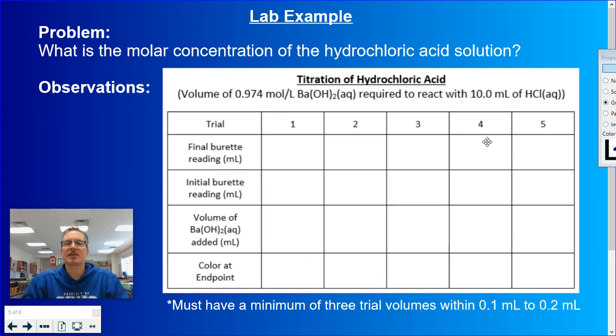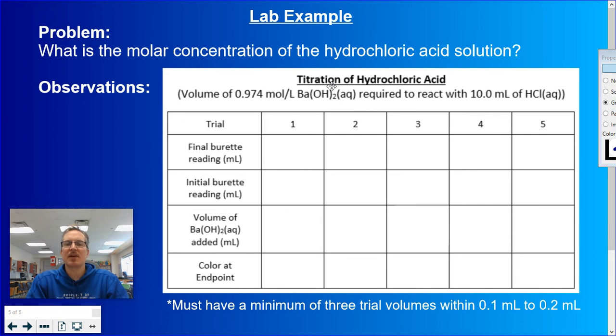That means the difference between two values, high and low, would be 0.2 milliliters max. If you don't have 3 volumes within 0.2 milliliters max, then you are going to do another trial and another trial. Now, 3 is the minimum. If you want to go for 4 volumes within 0.2 milliliters, that would be even more precise, and you would get a more accurate value at the end.